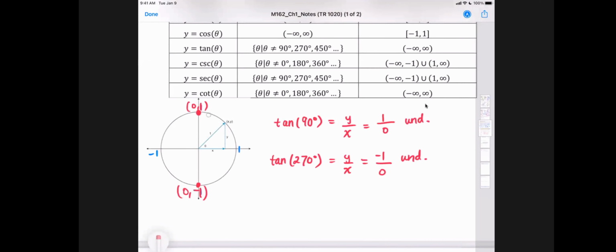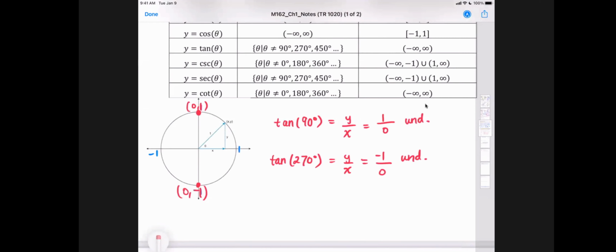are rotating and you end up at the (0, 1) coordinate point, or you end up at the (0, -1) coordinate point, you always do this y divided by x and you're going to get undefined. So that's why there are these restrictions here. And you can see the same restrictions here for secant as for tangent, and that's like at these poles on the y-axis, you end up getting undefined at those, where you terminate that angle for tangent and secant.